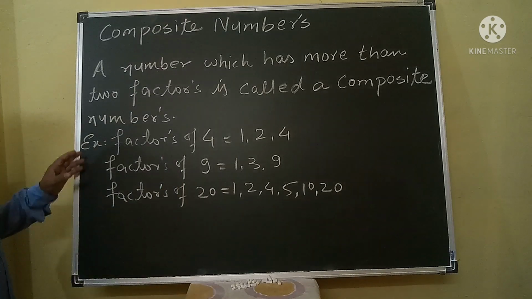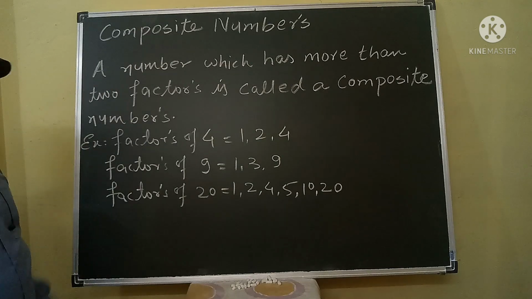So, my dear students, there are many composite numbers between 1 and 100.